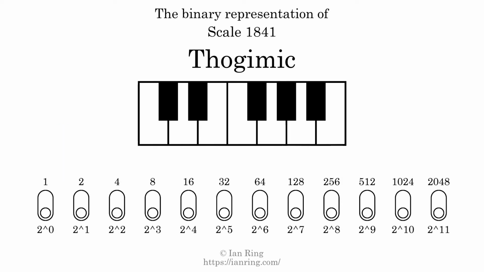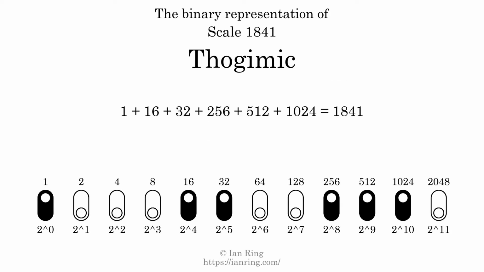The binary representation of this scale is determined by mapping tones of the scale to binary digits. Each binary digit represents a power of 2. To get the scale number, we add the powers of 2 together. The powers of 2 that are present in the scale, all added together, equals 1841.